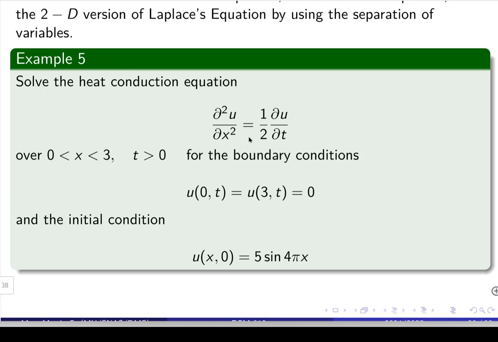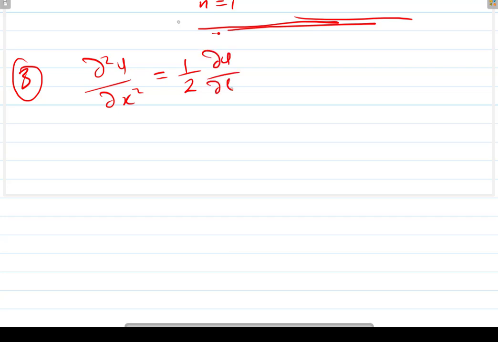All right, let us go to the board and try to solve this. We can create example number 3. We have d squared u dx squared equals 1/2 du dt.